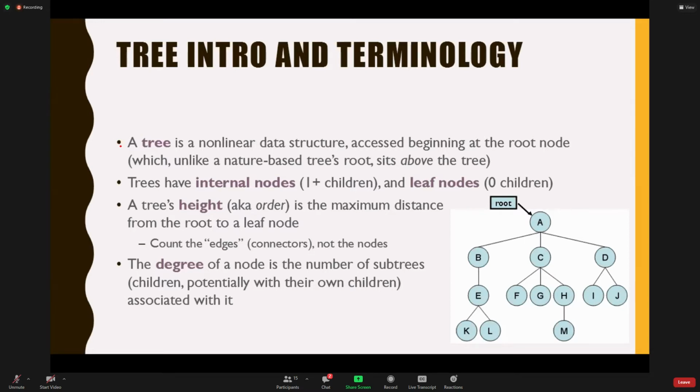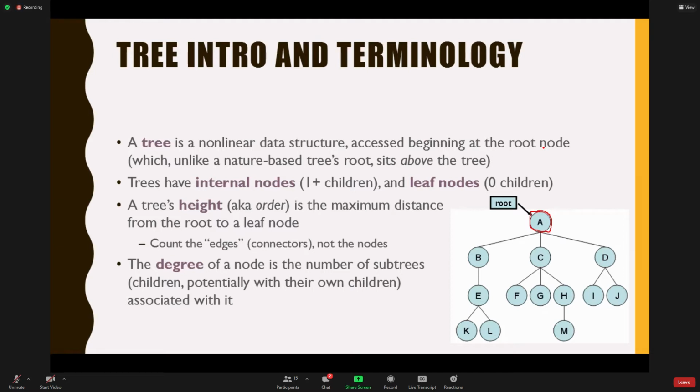So first thing is, it is, of course, a nonlinear data structure. And the way that trees are conceptualized is they start at the top. Instead of a front reference like we see with the linked list, even though these still are references, here we typically call it root instead of front. And root points to one particular node, and that node is going to be considered the root of the tree, right?